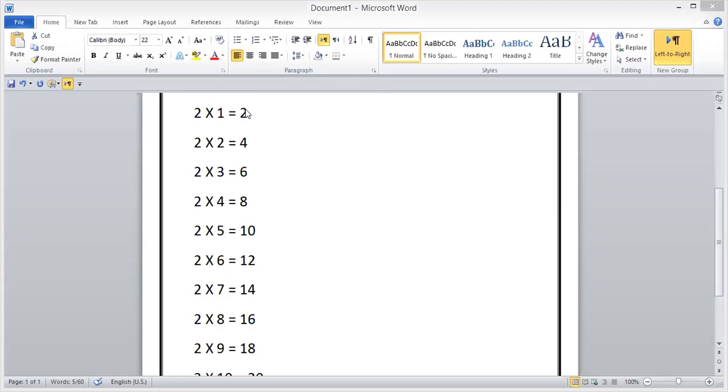1 time 2 is equal to? 2. Very good. Then 2 times 2 is equal to 4. 2 times 2 is equal to? 4. Very good. 3 times 2 is equal to 6.